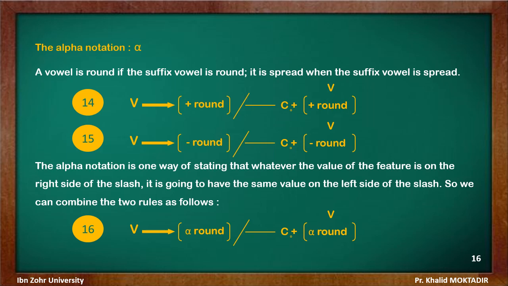So alpha stands for plus or minus. If it is in this position and the suffix vowel is alpha round, this rule is stating that if round is plus, it is plus on both sides. If it is minus, it's minus on both sides.